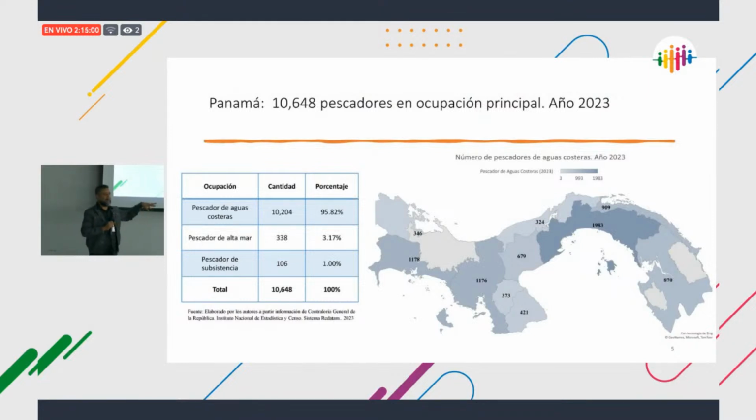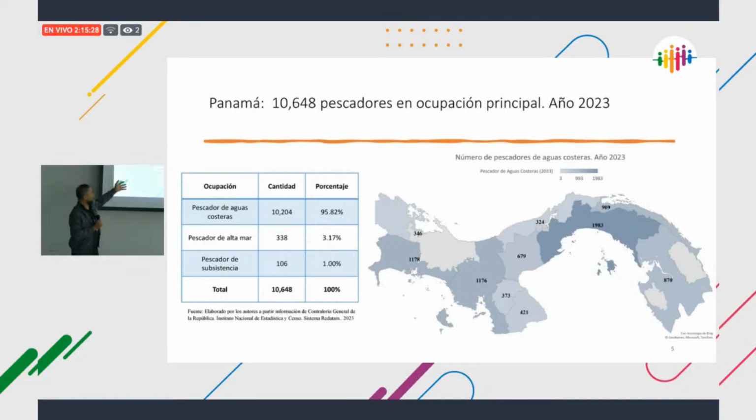So, what have we detected based on our search? This is the number of fishers that we have, 10,248, working as fishers with fishing as their main job. So it's not someone who is just simply fishing one random day, but we're talking about their major occupation or job.